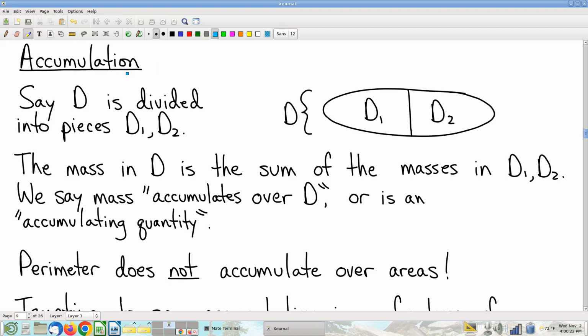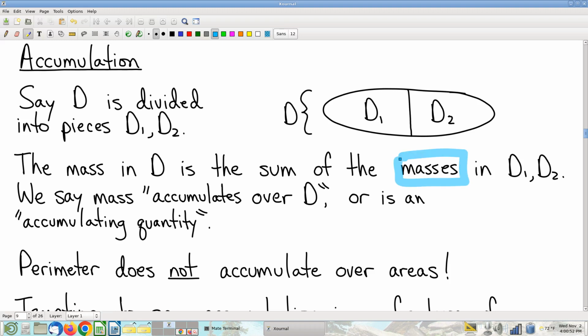So said differently, whatever it is that you're computing on the whole, if you compute it for just the left piece, and if you compute it for just the right piece, then this piece plus that piece had better give you the whole. Now, this is very clear for certain kinds of quantities. Let's suppose you're talking about mass.